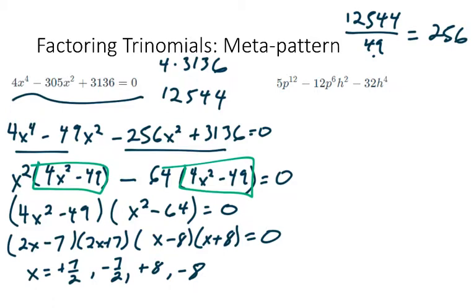Same thing with factoring trinomials here. Not the same, but similar. What's nice about when you have multiple variables is the middle term will tell you kind of what each part is going to be. So it'll tell you what each of these factors is going to end up looking like.